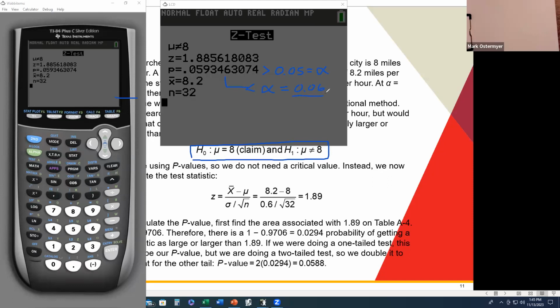Is this a very conclusive, without a doubt, test to not reject the null hypothesis? Yes or no? Is this an overwhelming situation to say that we will never reject our null hypothesis? Is that the case here?